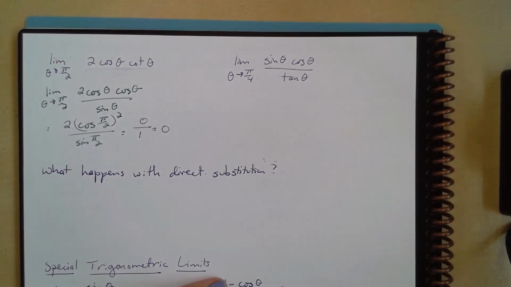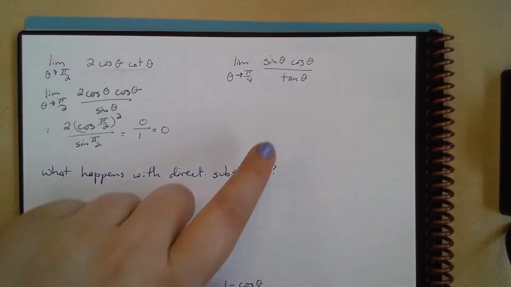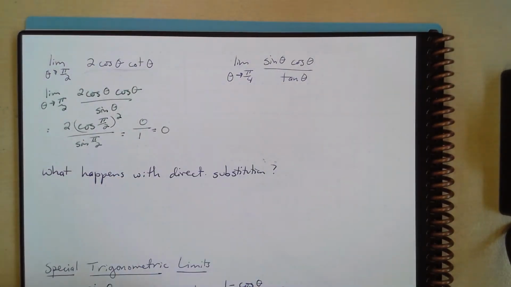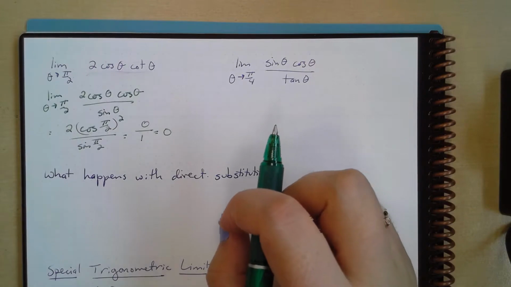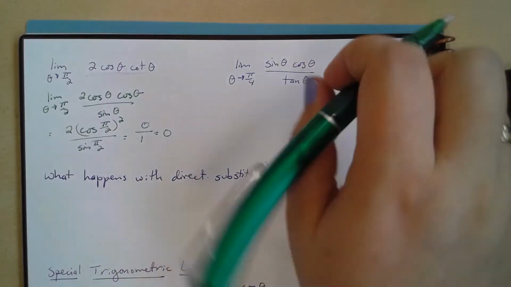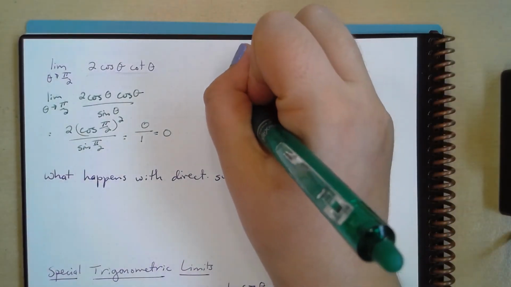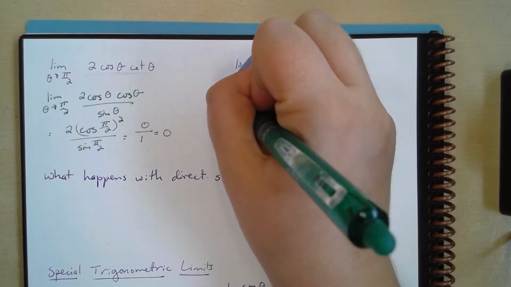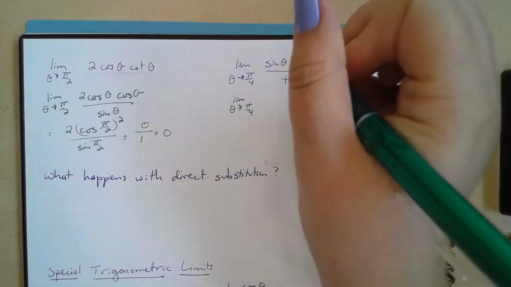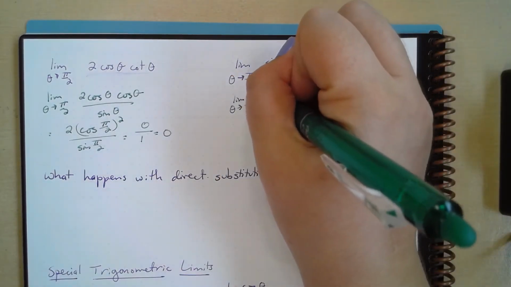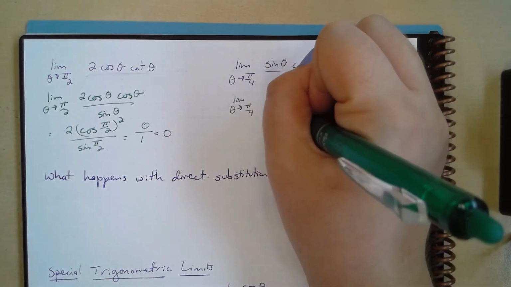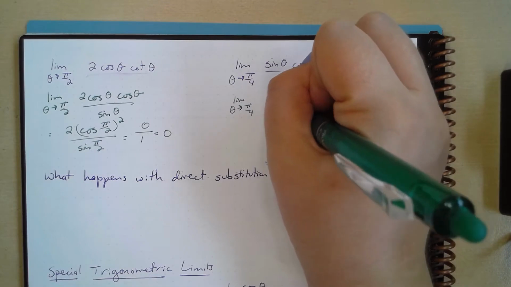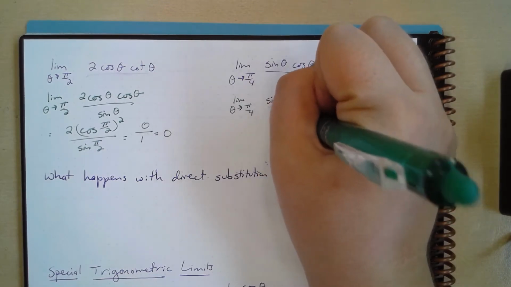If you want to take a moment to pause and try this one right here, I recommend that, but I'll dive into it right now. Here we have the sine theta cosine theta over tangent theta, and that limit is approaching pi over 4. So I'm going to rewrite this as the limit as theta approaches pi over 4 of sine theta cosine theta over, and you know what this is, sine theta over cosine theta. Right?